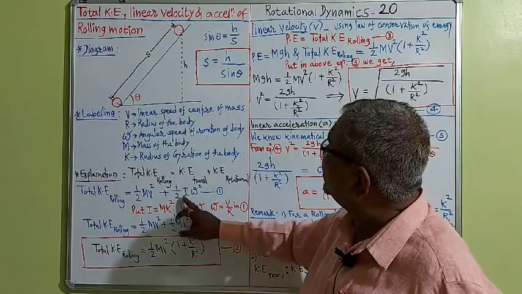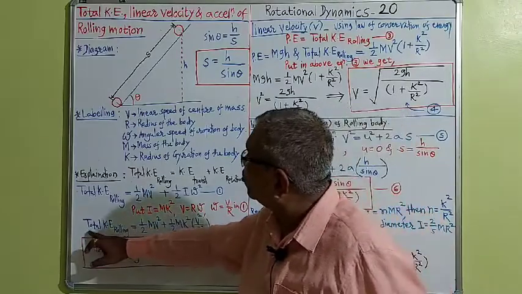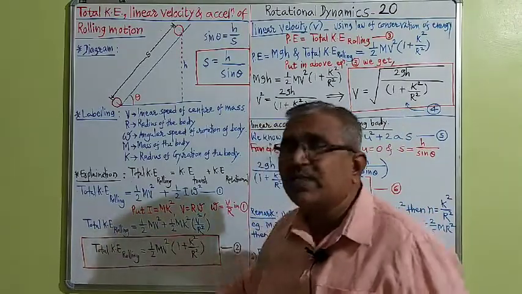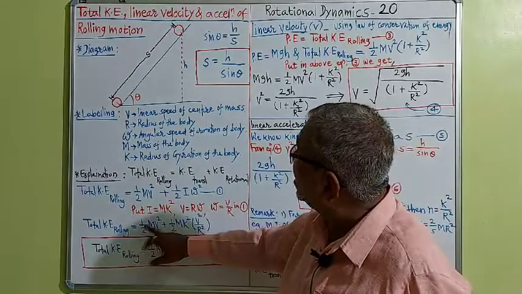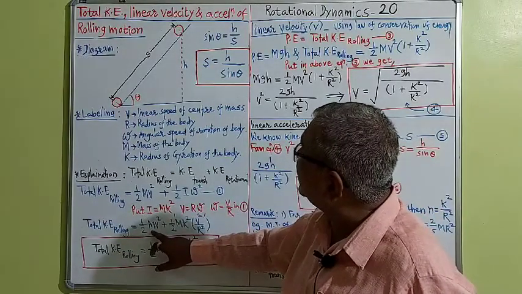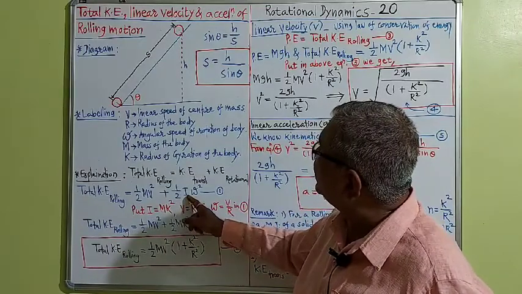Put the value of I is equal to mk square. So we get the total kinetic energy of the rolling body, which is equal to 1/2 mv square, this term remains as it is, plus 1/2, put the value of capital I.